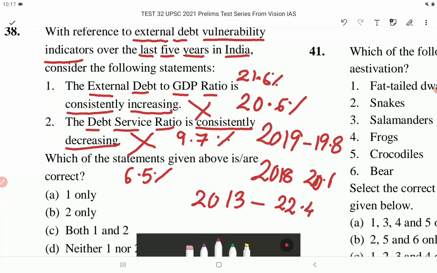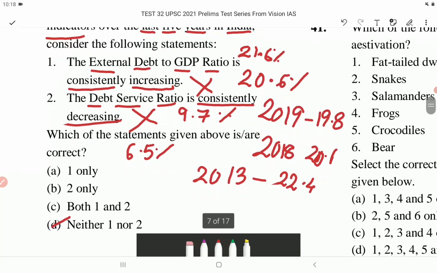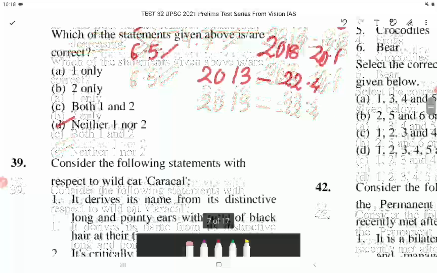So statement 2 is also incorrect. Which of the statements given above is or are correct? The correct answer is option D, that is neither 1 nor 2. Now let's come to question number 39.